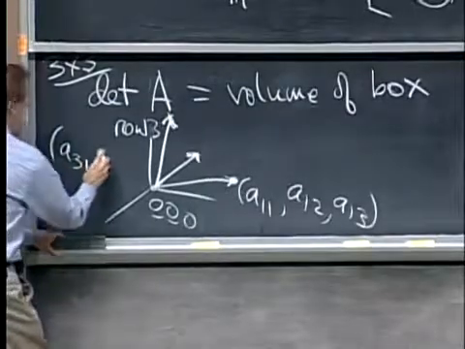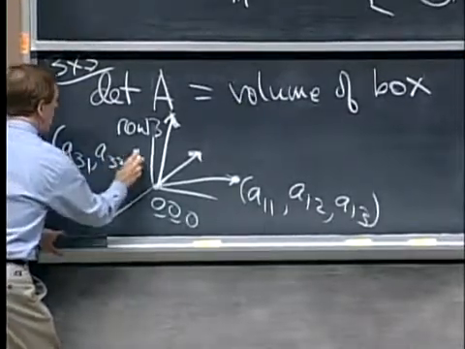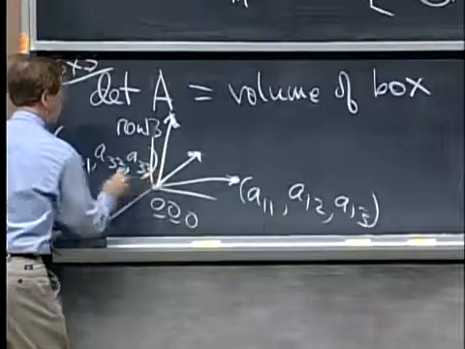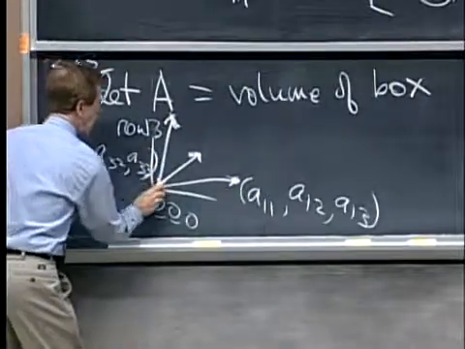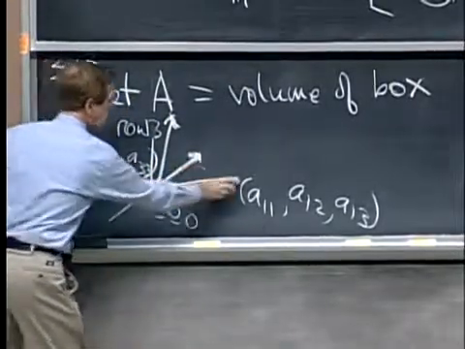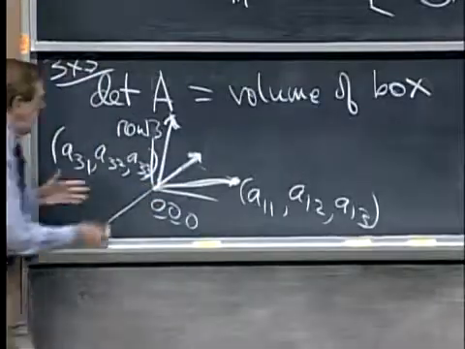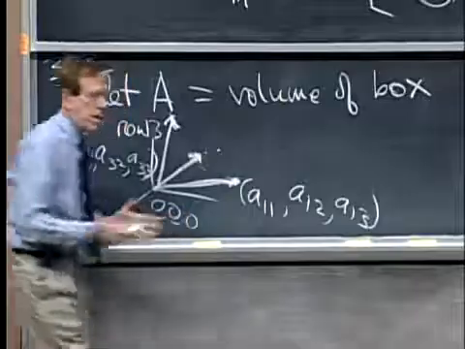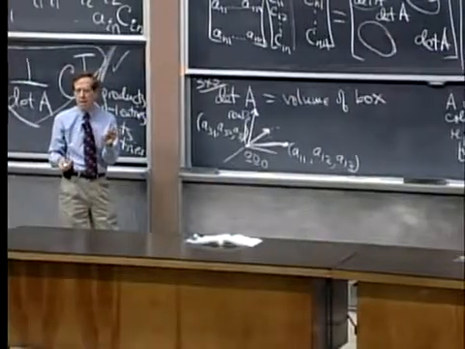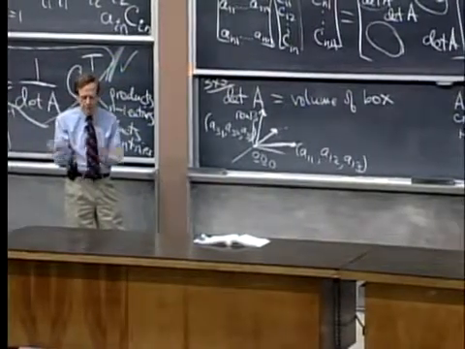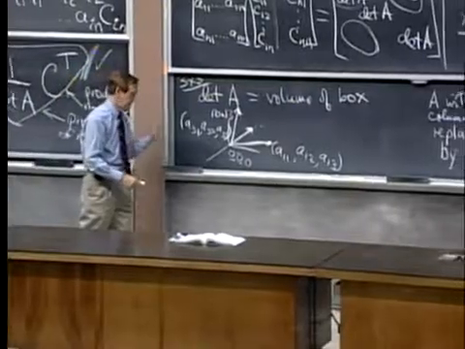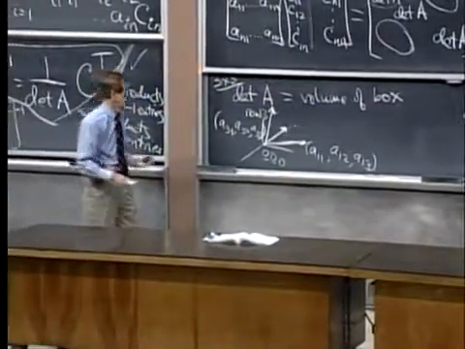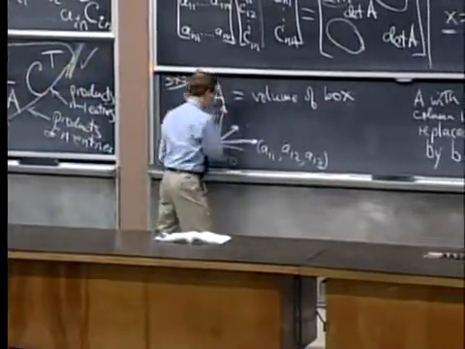A31, A32, A33. So I've got that edge of the box, that edge, and that edge, and that's all I need. Now I just finish out the box. The proper word, of course, is parallelepiped, but for obvious reasons, I wrote box.